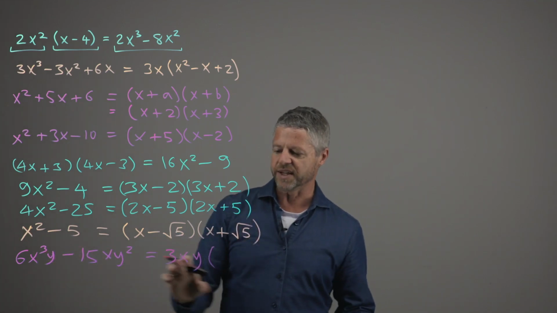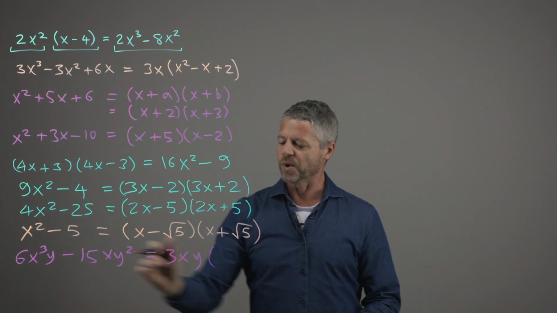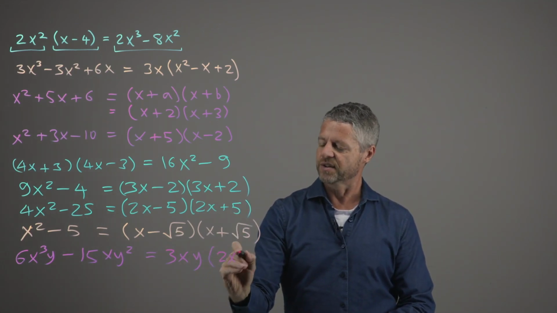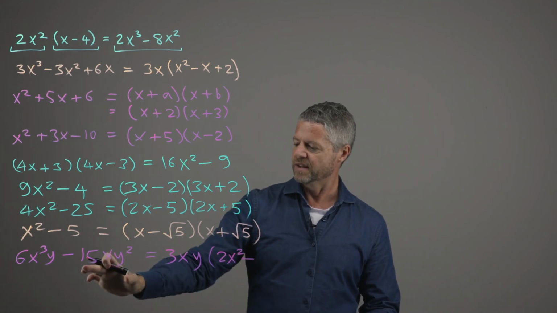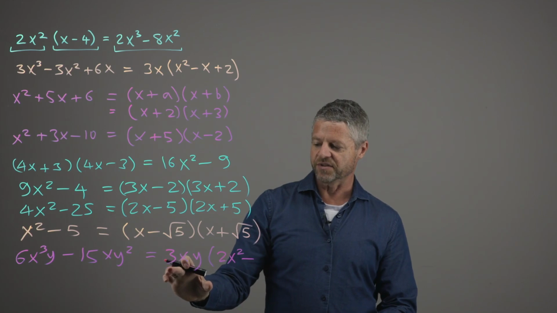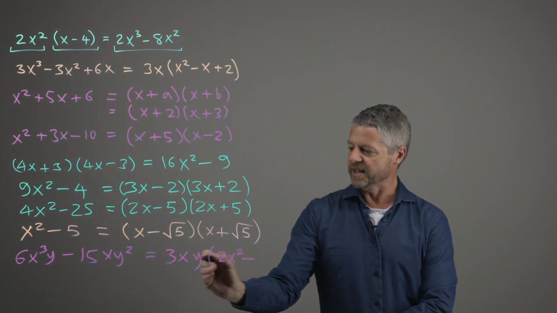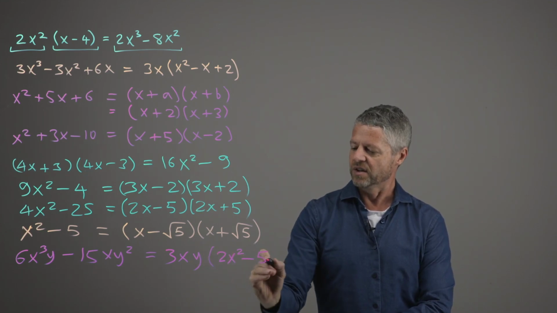And then what do I need to multiply 3xy by to get 6x cubed y? I'll need to multiply by 2x squared. And then what do I need to multiply 3xy by to get minus 15x y squared? I'd need minus 5 and then y.